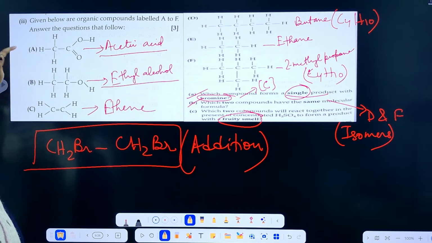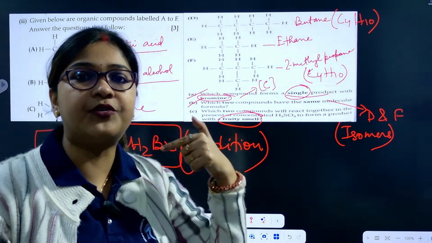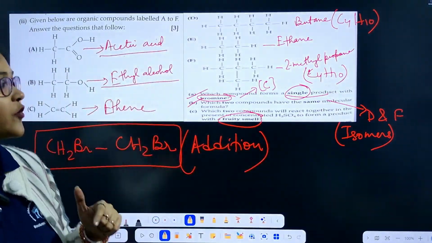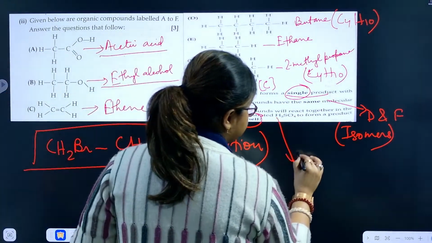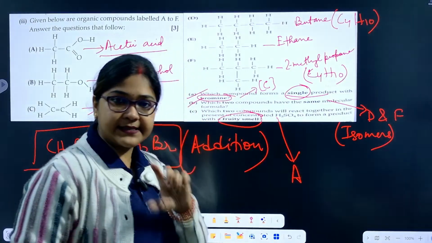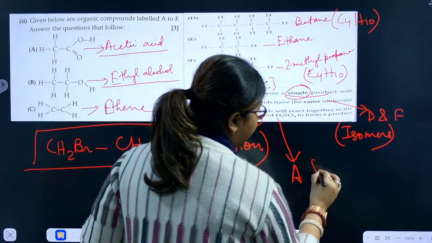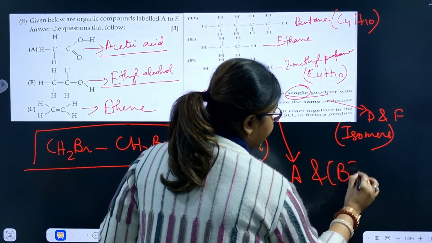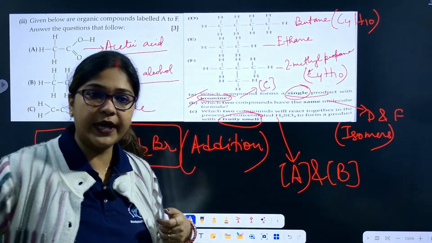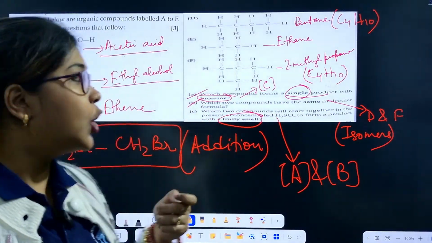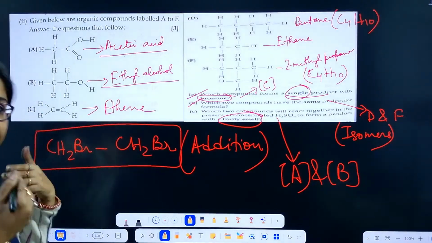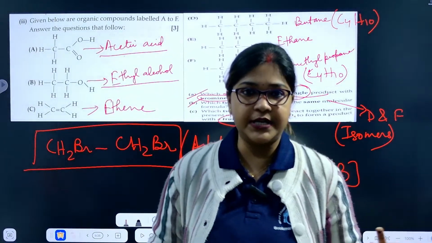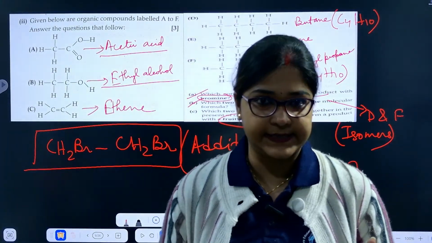So compounds A and B will react together in the presence of concentrated sulfuric acid to give an ester with a fruity smell. So the answer will be A and B. Okay, is it clear? So you see, conceptually if you learn chemistry, chemistry is very easy.